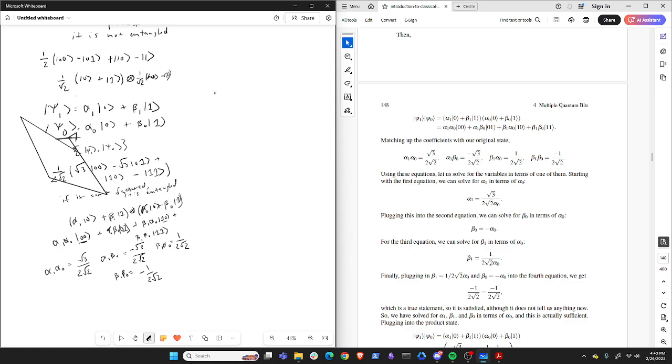So alpha 1 is equivalent to square root of 3 over 2 square roots of 2 alpha sub 0. We just divide by alpha sub 0.